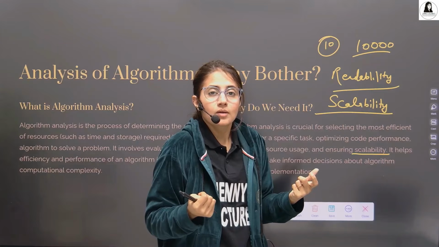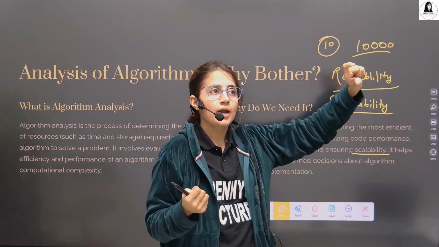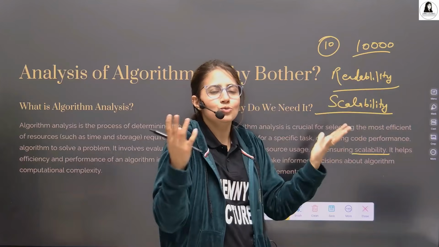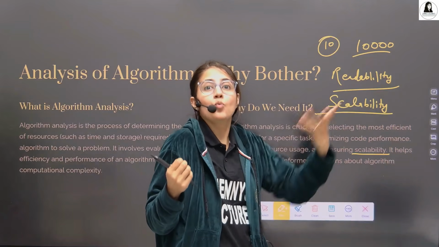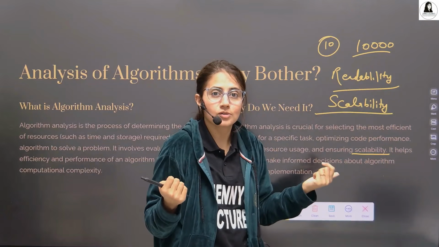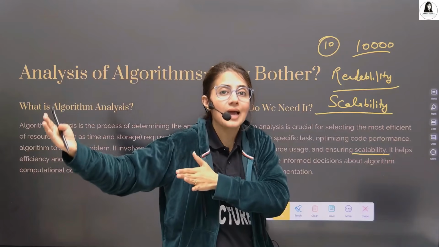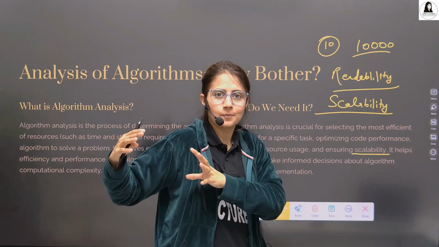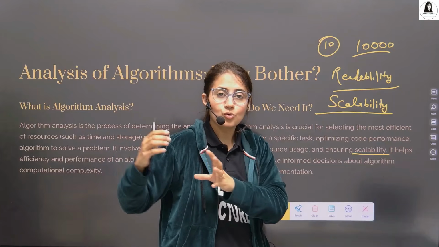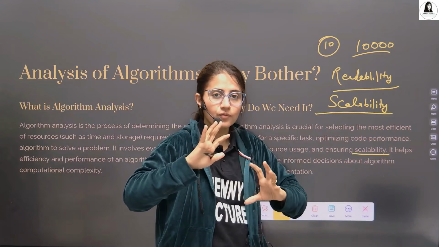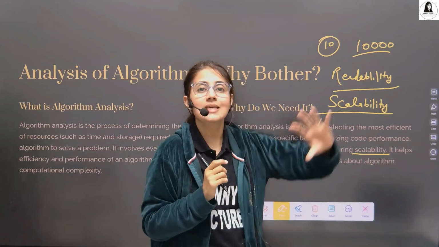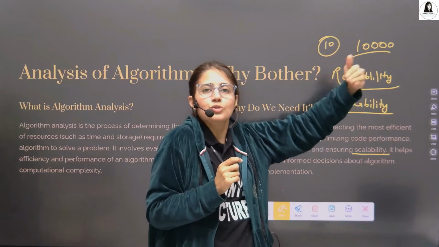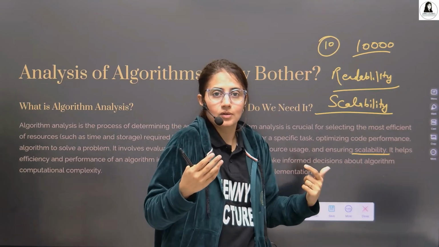No. If suppose at one time I become so famous that many users, almost 1 million students, are accessing that website, at that time it shouldn't crash, it shouldn't hang, it should work properly. So your software or application should be scalable; if the problem size increases, it should still work.